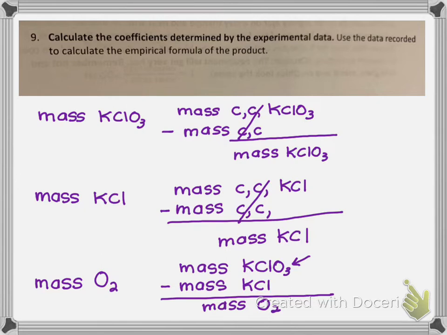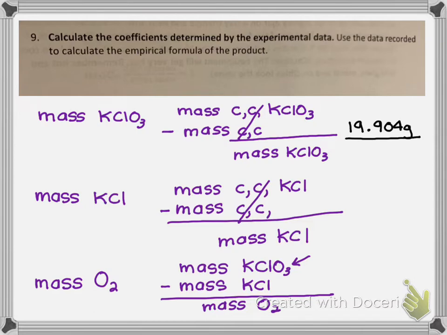So I'm going to do one of these for you, an example of how to calculate the moles. So I'm going to do the first example for you. The mass of the crucible and cover I recorded is 19.904 grams.